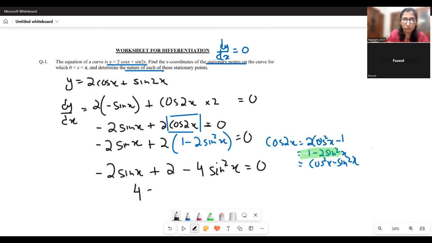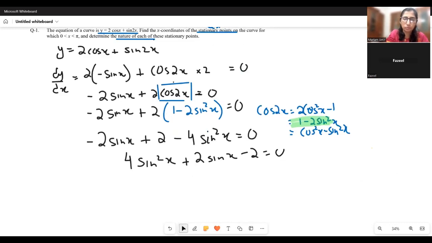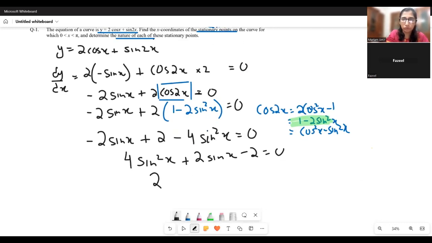Rearrange: 4 sine square x plus 2 sine x minus 2 equals 0. I'm also dividing by 2. So we get 2 sine square x plus sine x minus 1 equals 0.